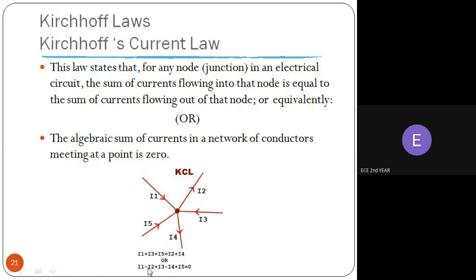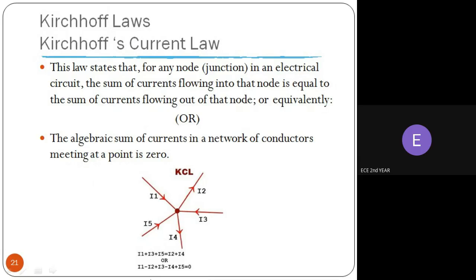So the equation can be written as I1 plus I3 plus I5, all three currents flowing towards the node, is equal to I2 plus I4, the currents flowing away from the node.